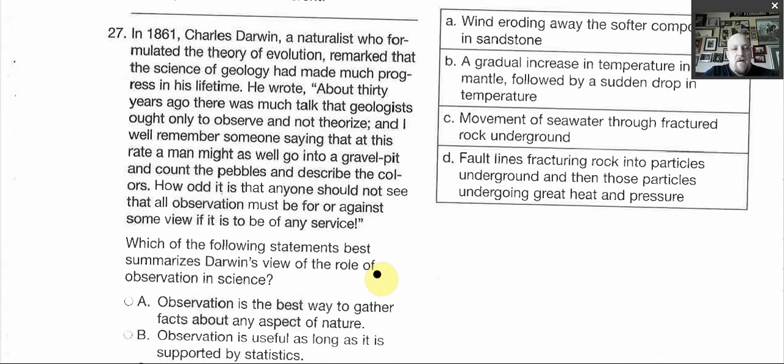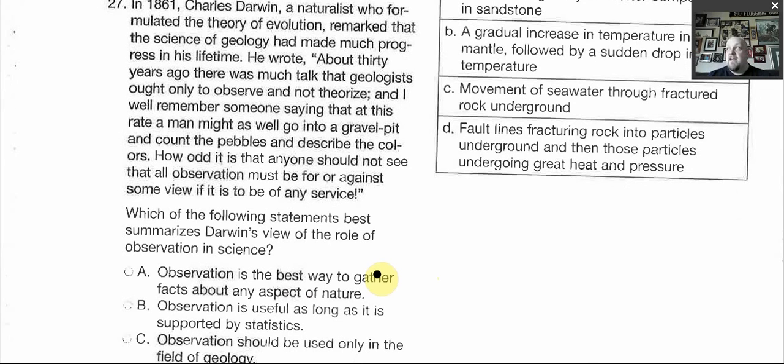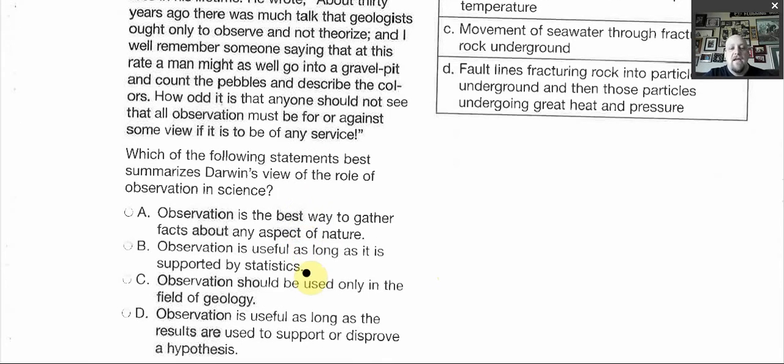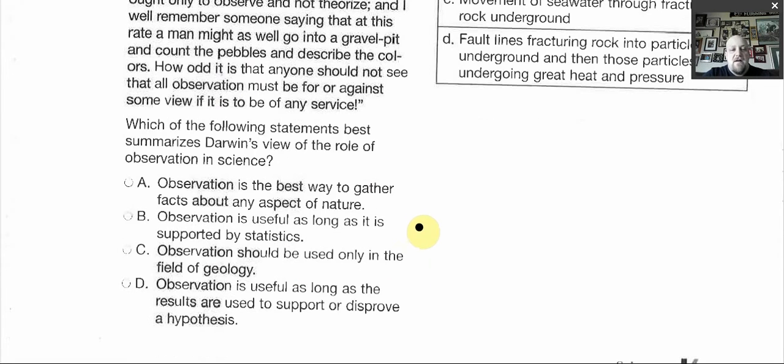Yeah, it's a good idea, but what he's saying is that if you have observations, you have to have a reason for it. So yeah, you can just go sit out and look at the sky or look at trees and say, yeah, that looks nice, and it's good you're gathering facts, but you aren't proving or disproving anything. It's useful as long as it's supported by statistics. No, he doesn't say that. It has nothing to do with statistics.